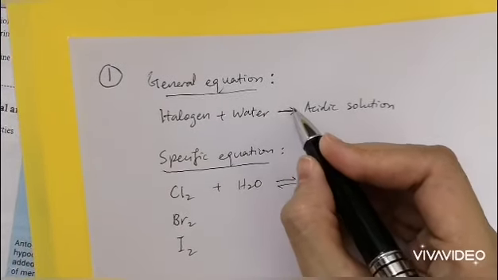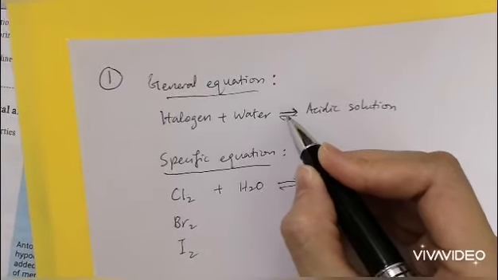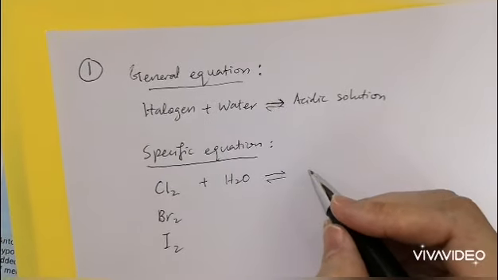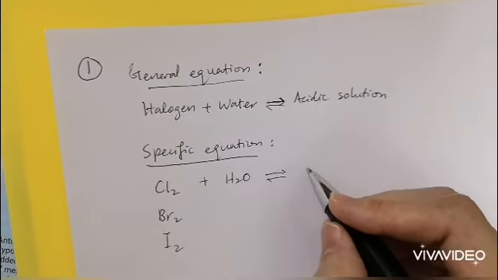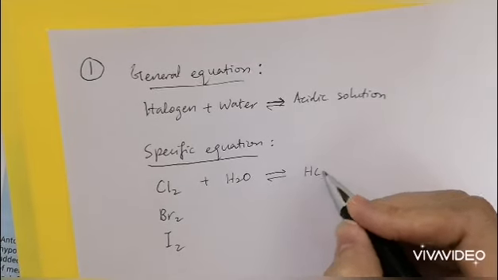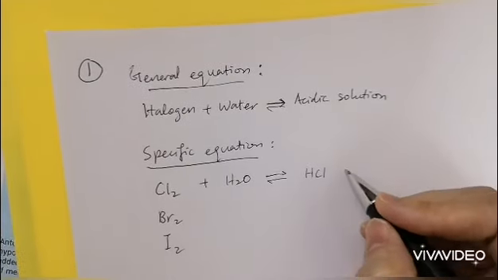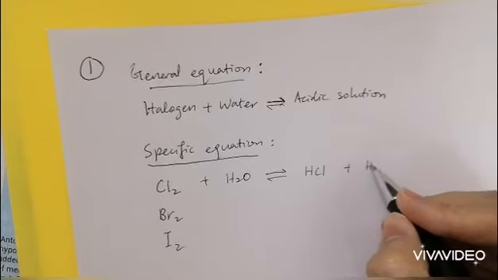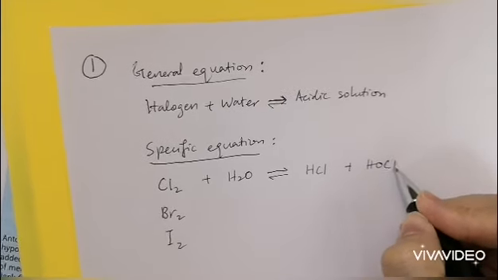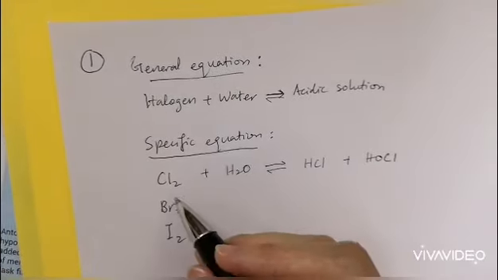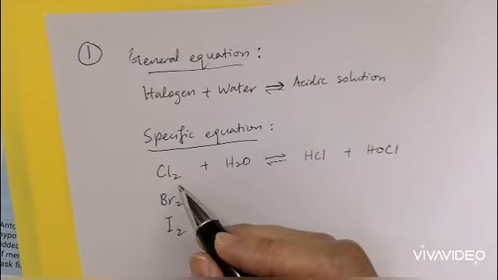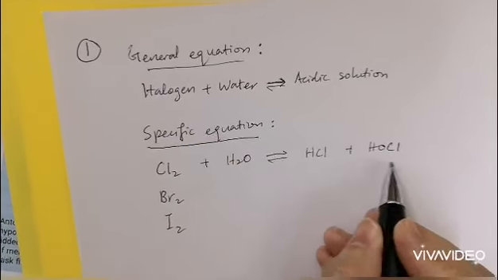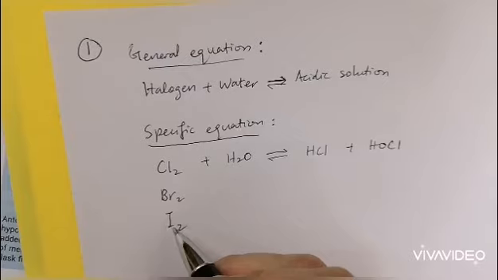This is a double arrow. So we will get HCl and HOCl. Just follow the general idea. If you know one, you know all.